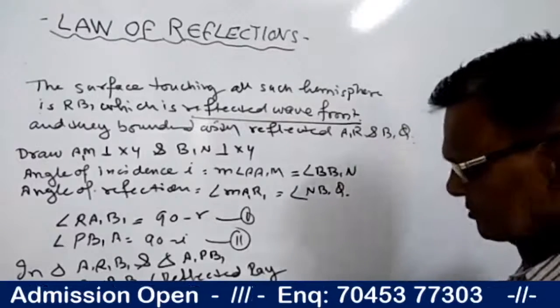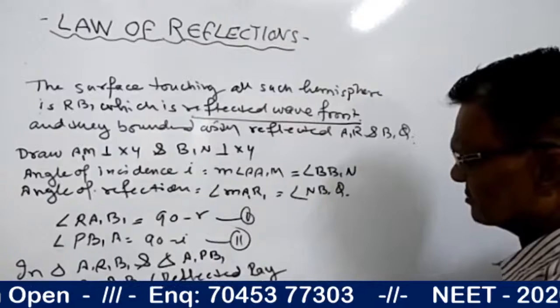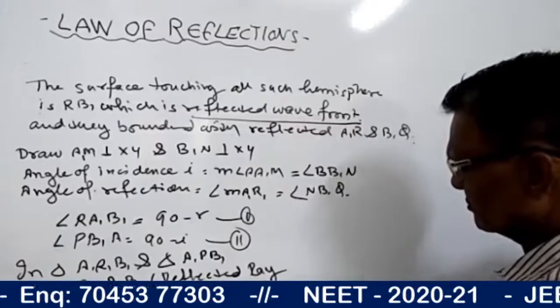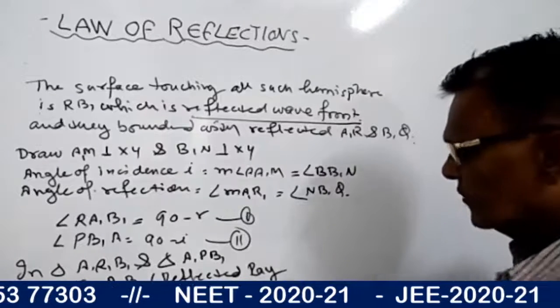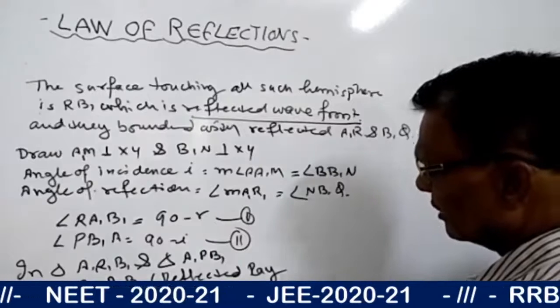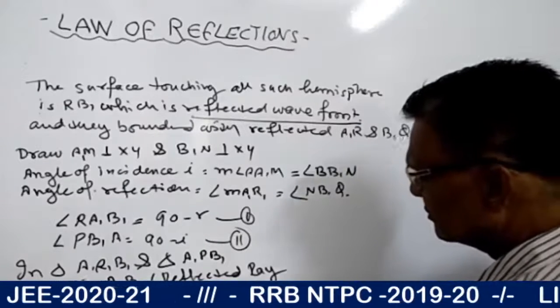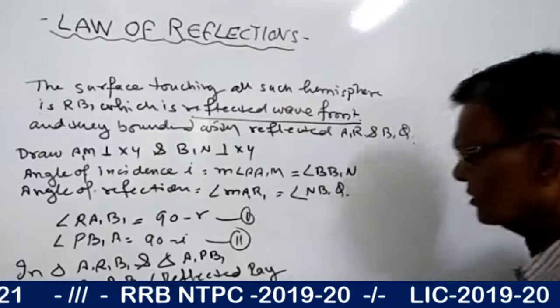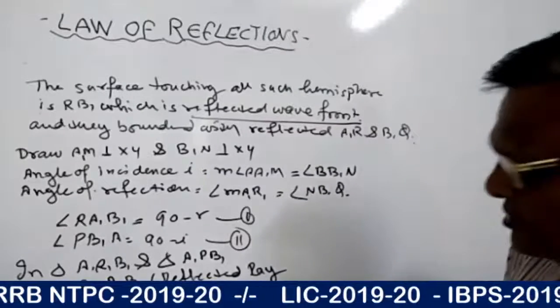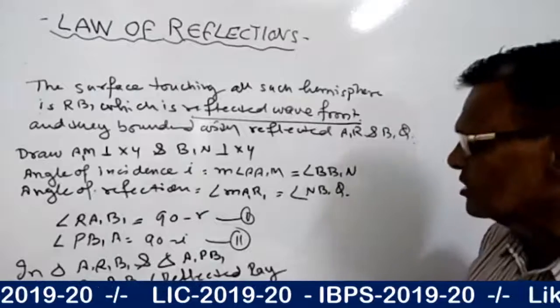That is your AIIMS test. Therefore, angle I equal to angle R, and this proves that angle of incidence equals angle of reflection.